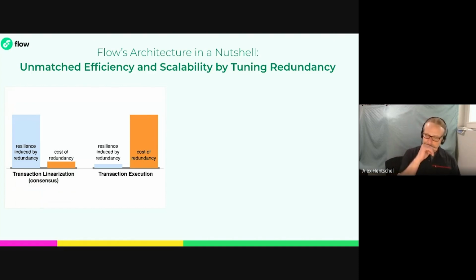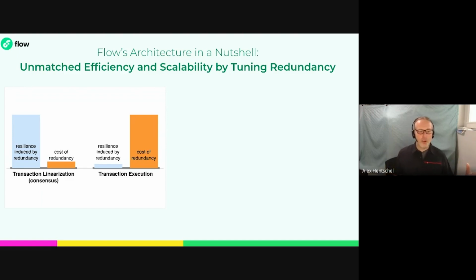So redundancy in the transaction linearization step of the pipeline is great. And it also doesn't cost us very much, right? Consensus and collector nodes are comparably cheap to run.